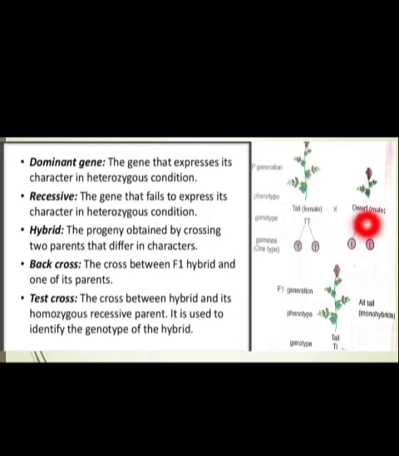When the cross takes place between these two parents, they produce the offspring which is called as hybrid. And this hybrid consists of capital T and small t. It is called as heterozygous or hybrid. So here this offspring or hybrid is produced in F1 generation. How is the F1 generation obtained? When a cross is made between two homozygous parents, it forms the F1 generation.